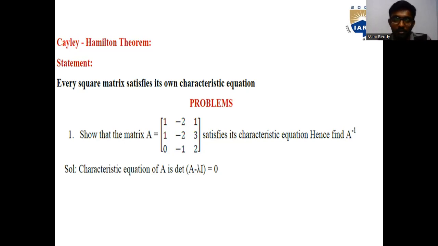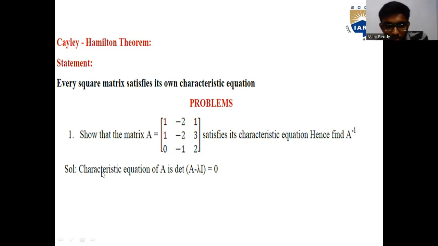This is the rows and this is the columns, with positions A11, A22 and A33 like this. Hence, find A inverse. Here the topic is the Hamilton theorem and computation for the Drazin inverse matrix. Here's the same problem: first, verify the Hamilton theorem and find A inverse.